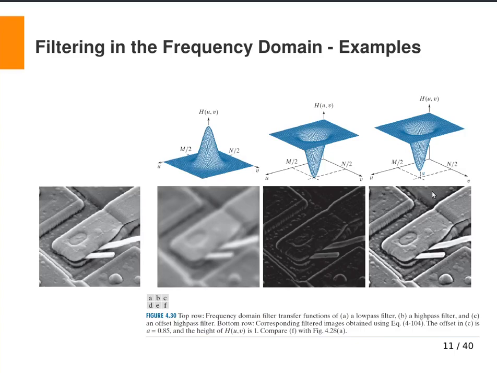And then finally, for the last one, we have again a Gaussian high-pass filter, but this time we have a shift, or basically a translation of the frequency component at the origin. So they are not completely removed as they were here, but they are a little bit reduced.